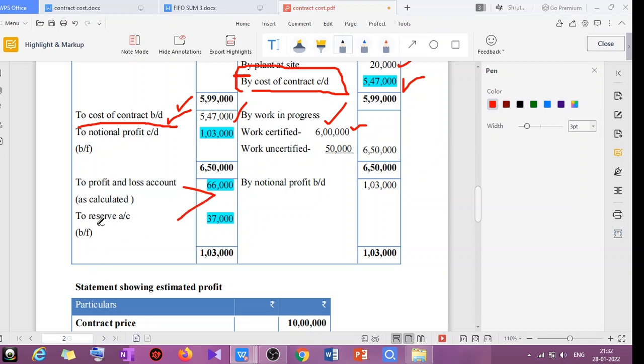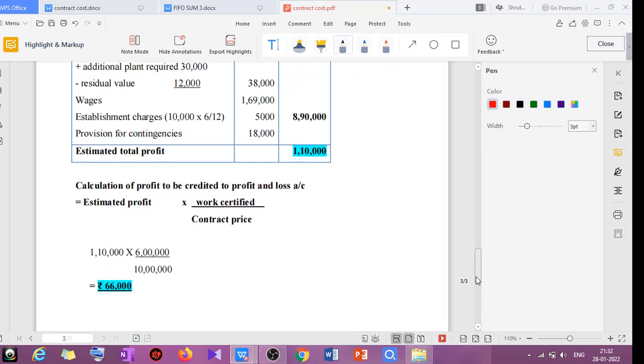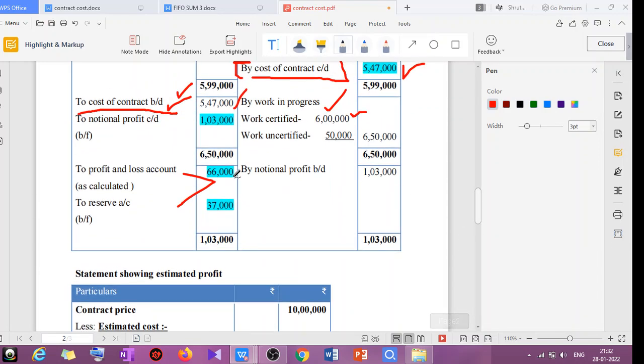That is based on the percentage of work certified. But for the extended contract, it's not like that. You need to calculate the estimated profit and based on the formula see how much you will get. Okay, that will be transferred to the profit and loss account.